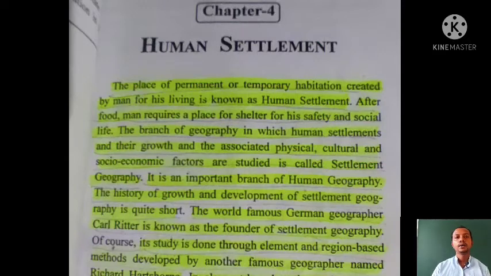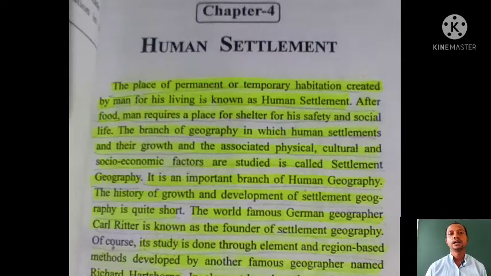Okay friends, now why should a person live in a place? Why should a person stay in a place? Or in what type of place should a person stay? All these are based on the need of a person.